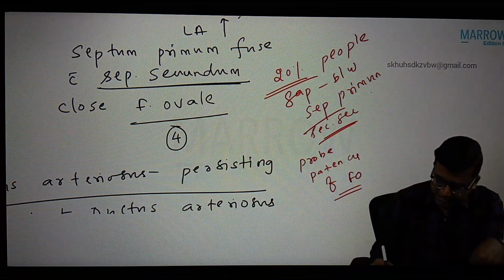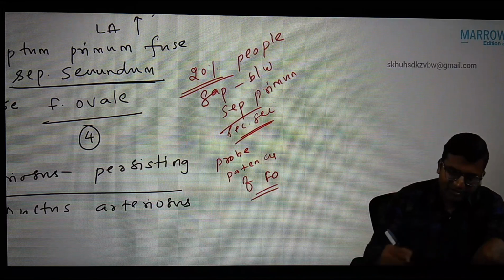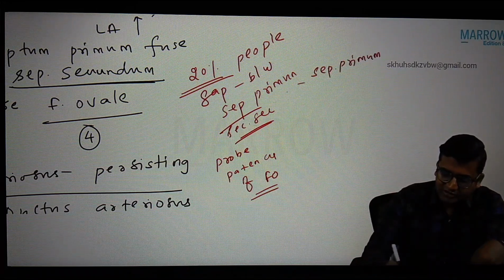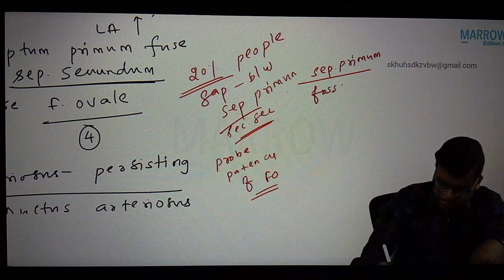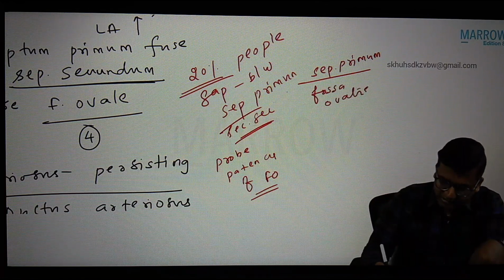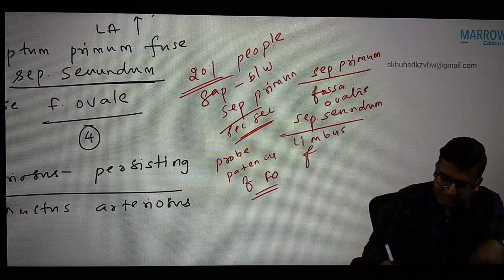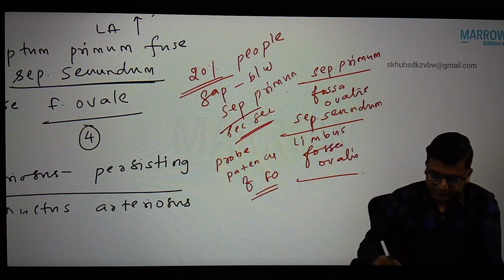So don't worry about this. Now we know that the septum primum will form the fossa ovalis after birth. And the septum secundum will form the limbus fossa ovalis. Is that clear?